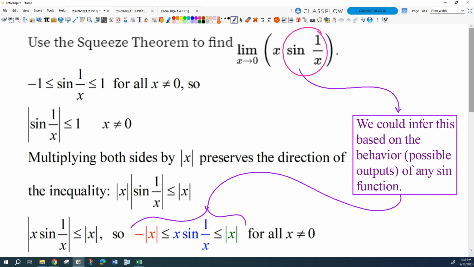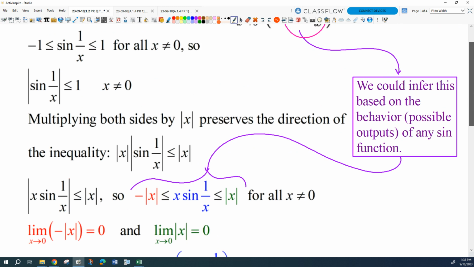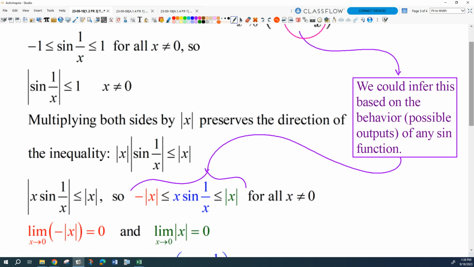But if x is indeed negative, that's where we need those absolute value signs in there, because that makes sure that the red number is negative and the green number is positive, regardless of the sign of x. So I think you could just jump immediately down to this statement right here, and then from there, everything's the same.